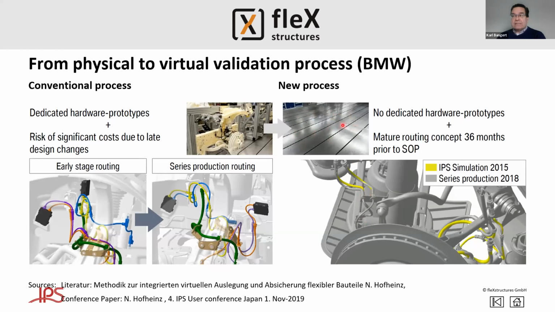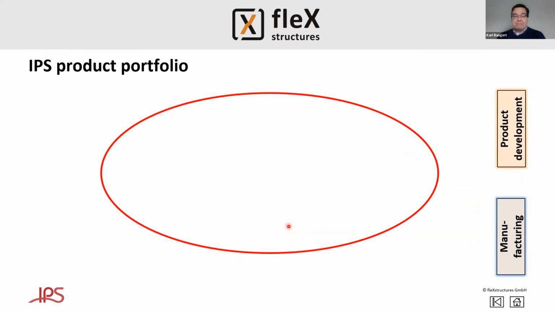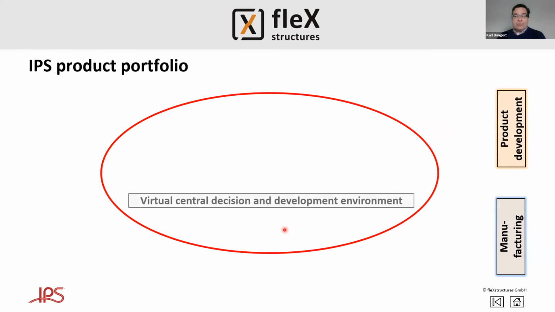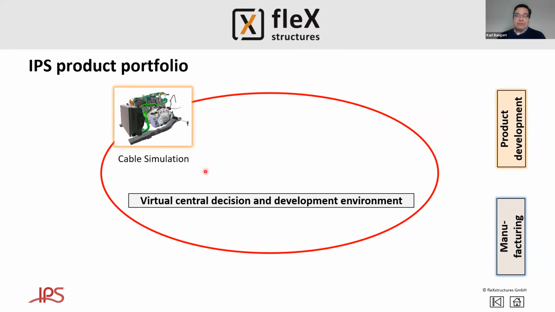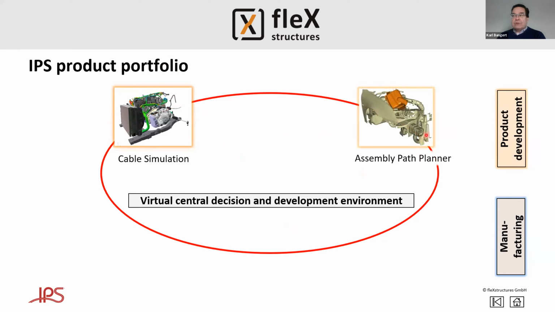The new process is a hardware prototyping floor that is basically empty, with much of the work being done on computer systems. So that is really what we're going to describe here in the product portfolio, and really the solutions toward doing cable simulation virtually, coupling that as we move toward manufacturing with assembly path planning.